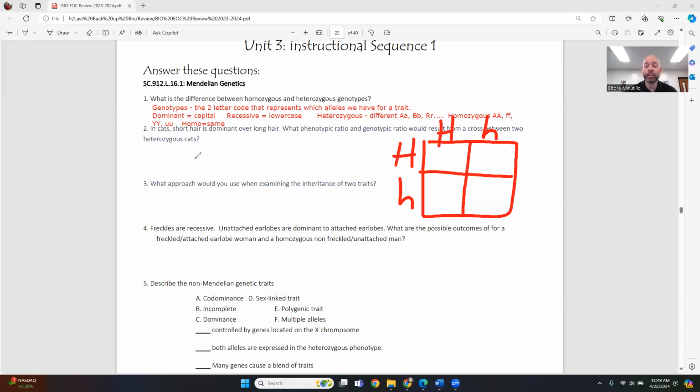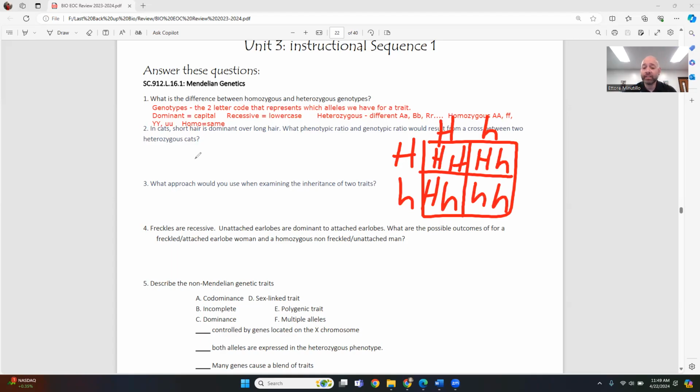Keep in mind that when we do Punnett squares, the letters on the top are going to drop down through both boxes, and the letters on the side are going to come across through both boxes. So if we fill this out, we'll bring my big H across and my little h across, and then my big H down, and my little h down and down.